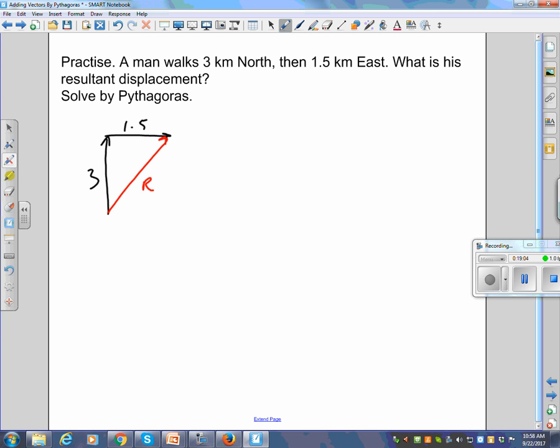Okay? And now you're going to write something like r squared is equal to 3 squared plus 1.5 squared.